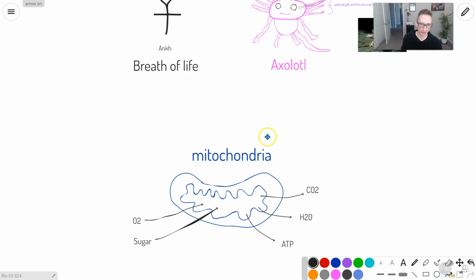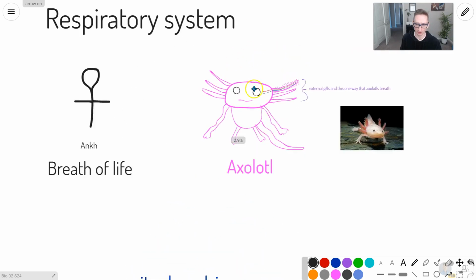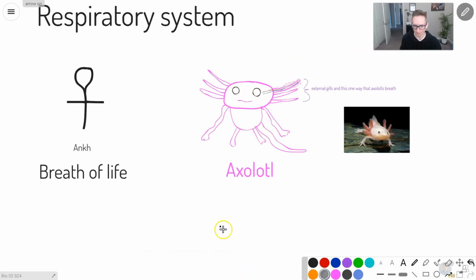Okay? And it's interesting how different organisms do this. Like a worm, for example. You don't really need to know this, but maybe I'll put it on the test. Something like a little earthworm. They've got this little fat part right there, and all these lines. Earthworms don't have lungs. They breathe through their skin. They don't have lungs or gills.